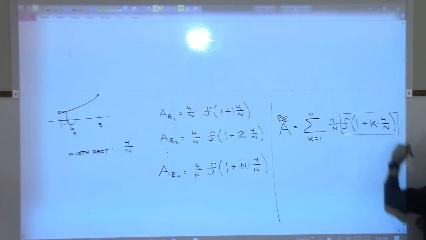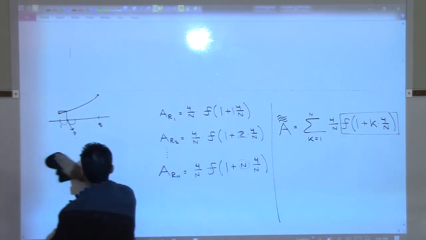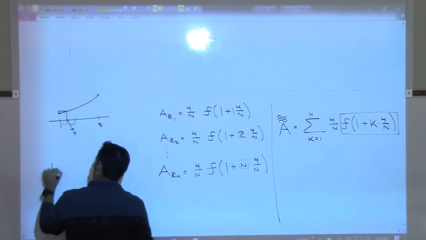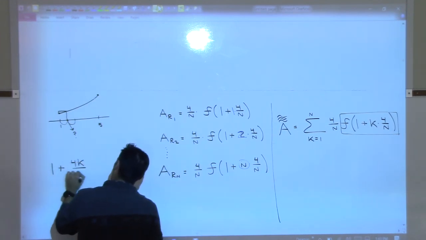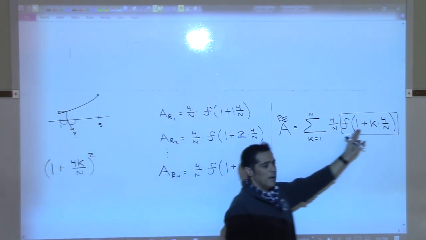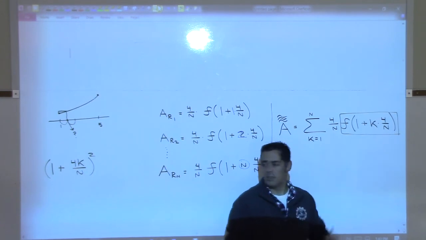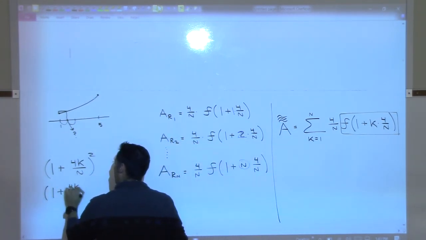Let's figure out what that is, because we can use our function again, can't we? So I should probably do that over here. What would 1 plus, let me write it this way, 4k over n, that quantity squared be? So that's me using the squared function for that particular expression. That means square that, so it's that times itself.